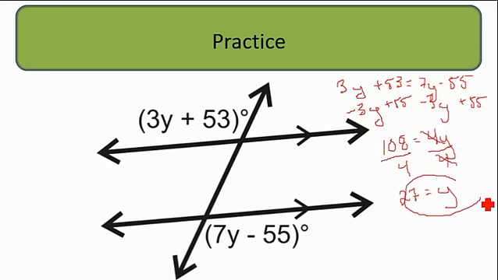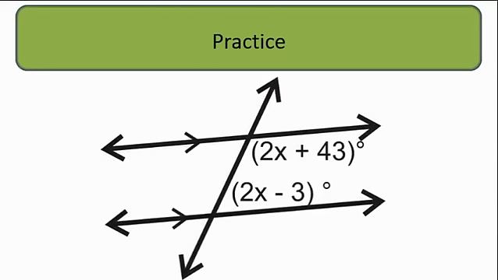And again, to check your answer, you substitute that into both of the angles and they should be the same measurement. And last but not least, we have consecutive interior angles. Now, instead of setting these equal to each other, because consecutive interior angles are not congruent when the two lines are parallel, they are supplementary.